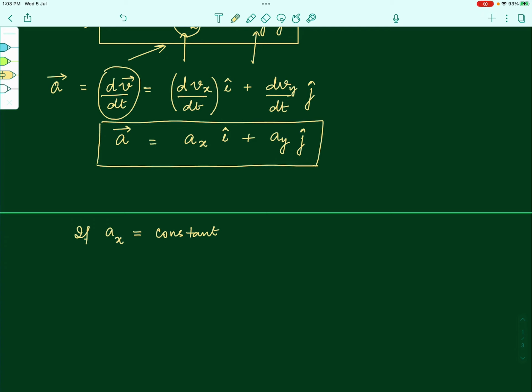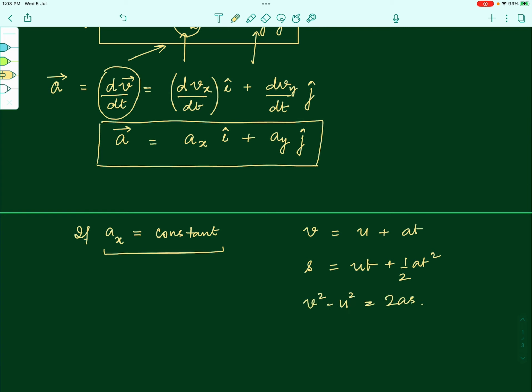We can say that if the motion along the x-axis has a constant acceleration, we can use the three equations of motion: v is equal to u plus at, s is equal to ut plus half at squared, as well as v squared minus u squared is equal to 2as.